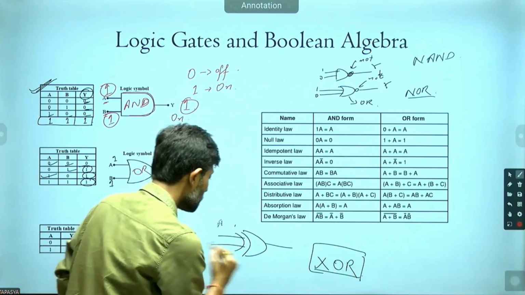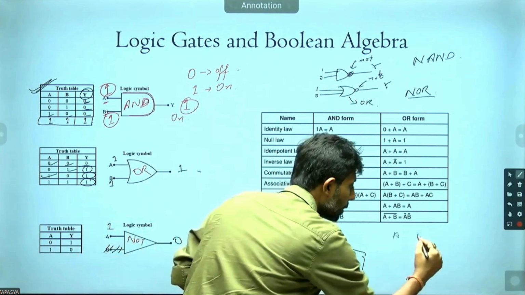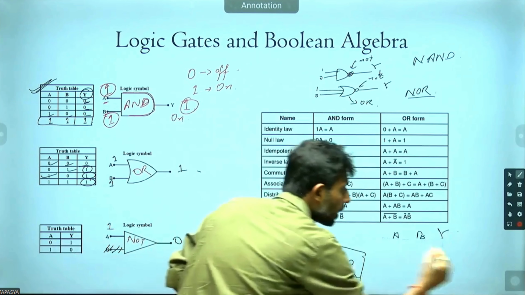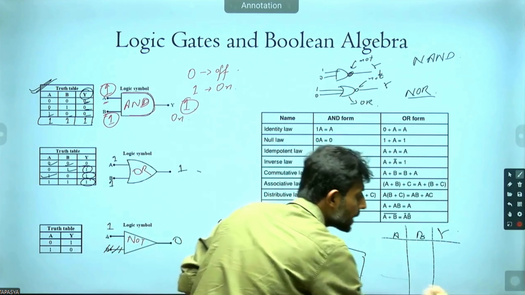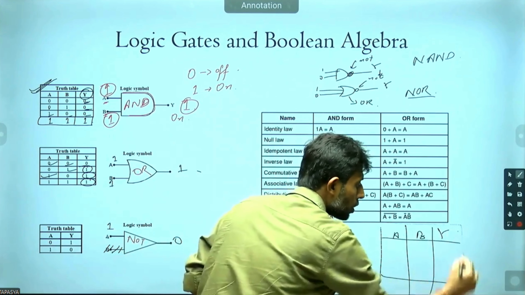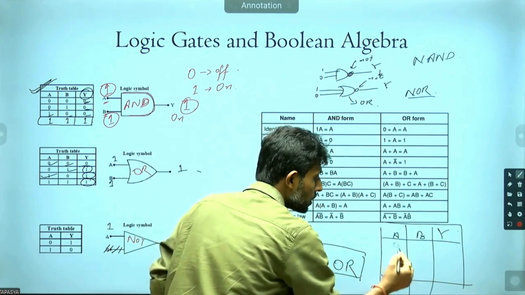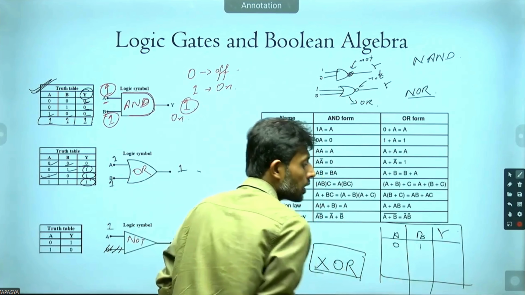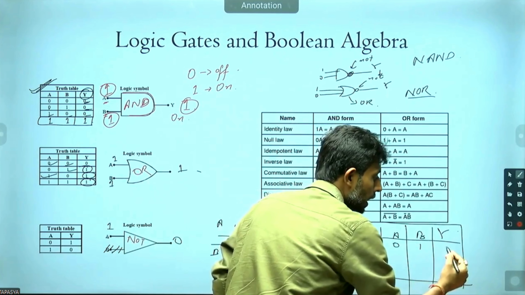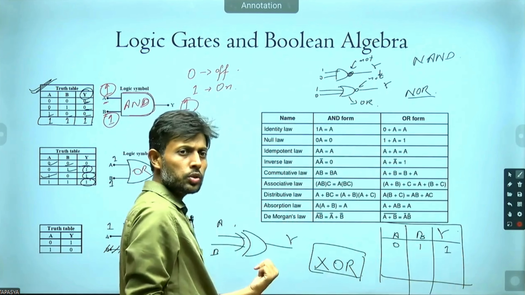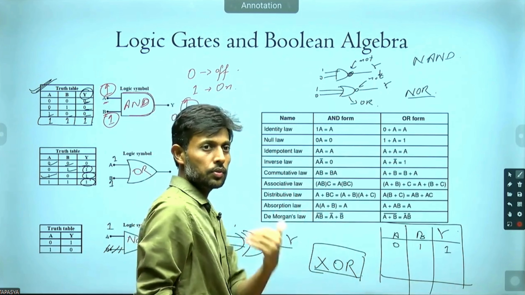If this is A, this is B, and this is Y, exclusively only one has to be positive in order to give you a positive result. So if one is negative and one is positive, you'll get a positive result. Exclusively one is positive.